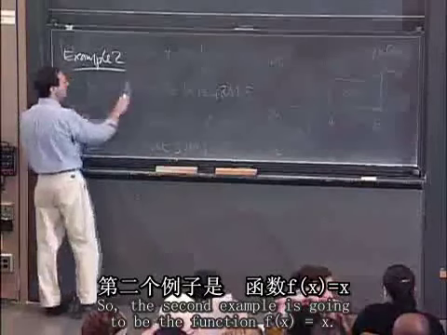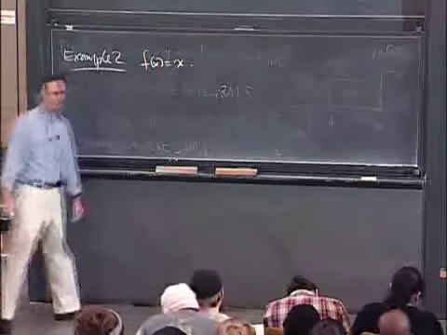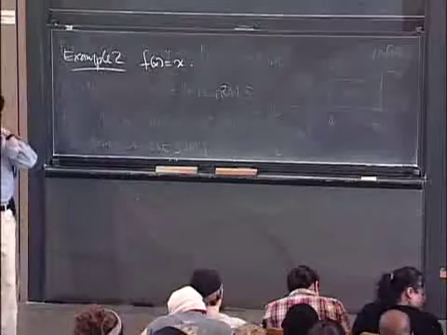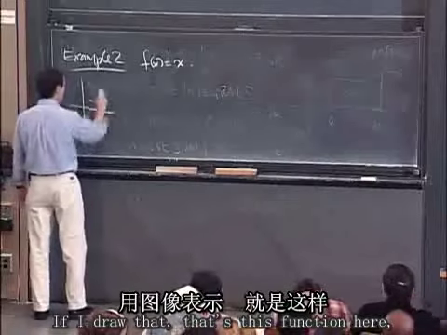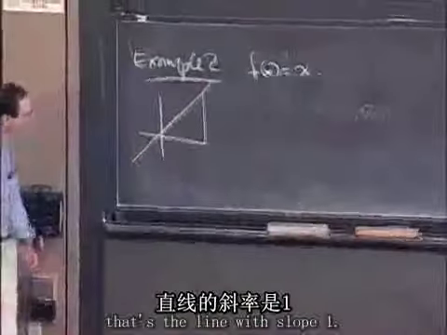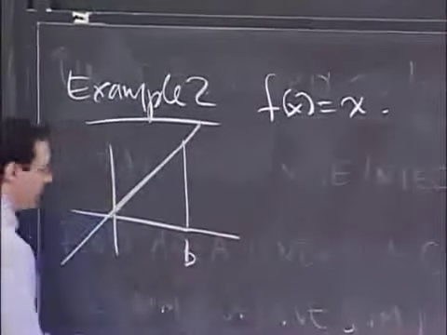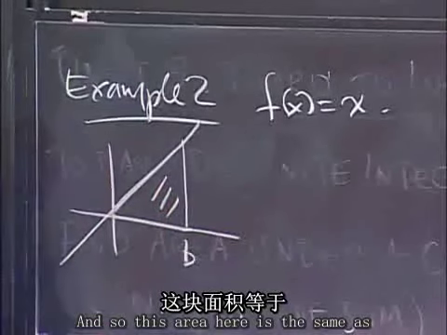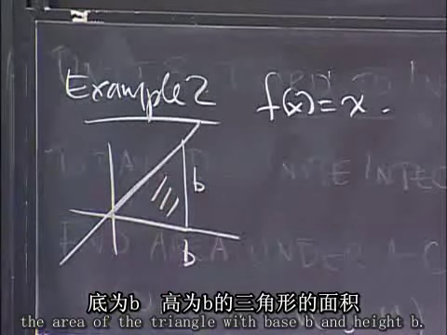So the second example is going to be the function f of x is equal to x. If I draw that, that's this function here. That's the line with slope 1. And here's b. And so this area here is the same as the area of the triangle with base b and height b.